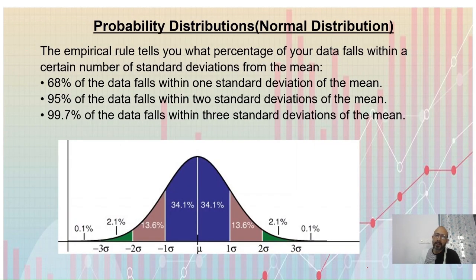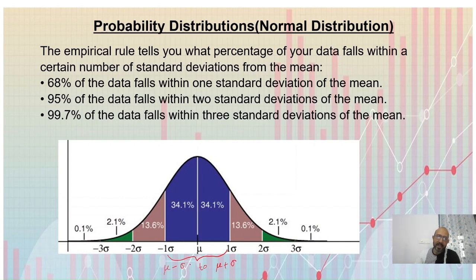The empirical rule tells you what percentage of your data falls within a certain number of standard deviations from the mean. 68% of the data falls within one standard deviation of the mean, from mu minus sigma to mu plus sigma.